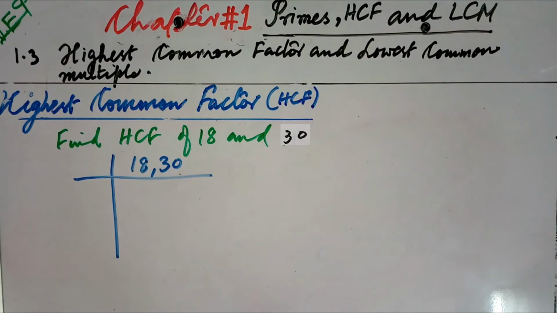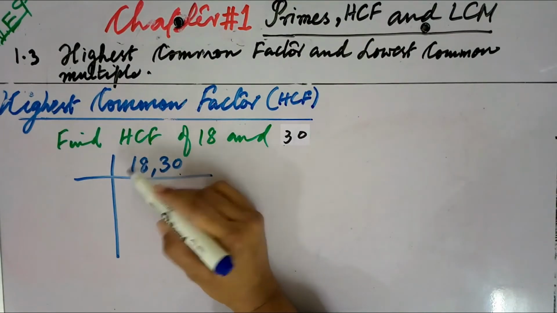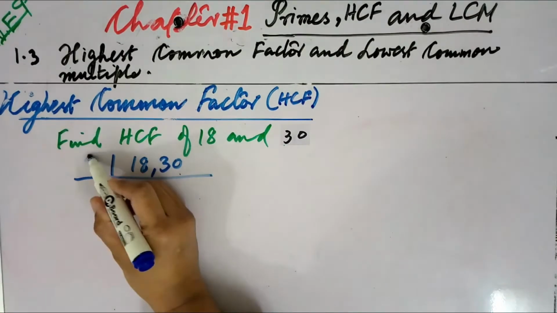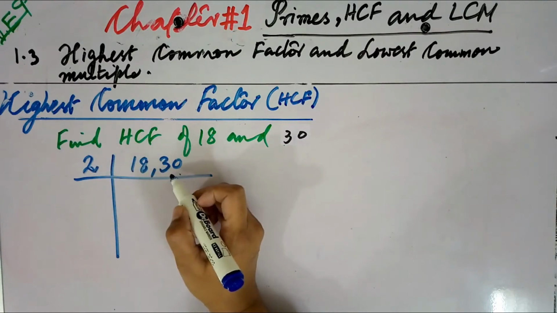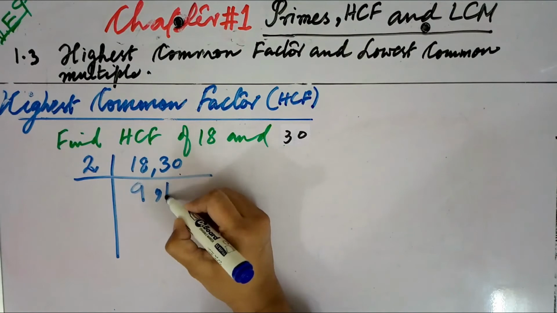We will be doing our prime factorization all together with these two numbers 18 and 30. First of all, we will take the least common prime factor between 18 and 30, which is 2. I hope that you remember this thing. And what will you do? 2 9s are 18, 2 15s are 30.